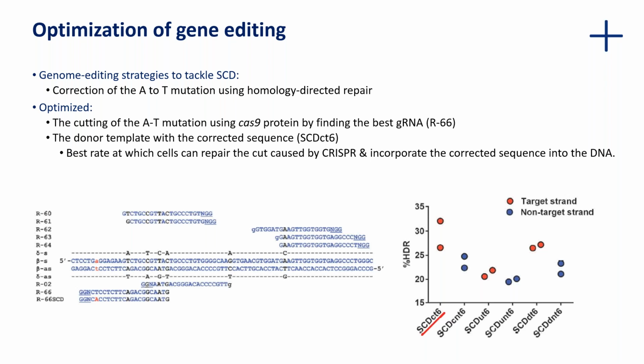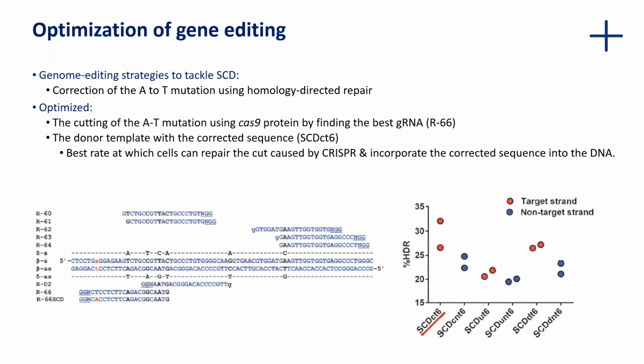So the R66, and if you have a look on the left-hand side, you'll see a number of sequences, and right at the bottom you can see in red the A, which is the point mutation change from the T. So that R66, is shown second from the bottom on the left, was the sequence selected as the guide RNA that worked best. It caused a double-stranded break, one base pair away from the sickle mutation.